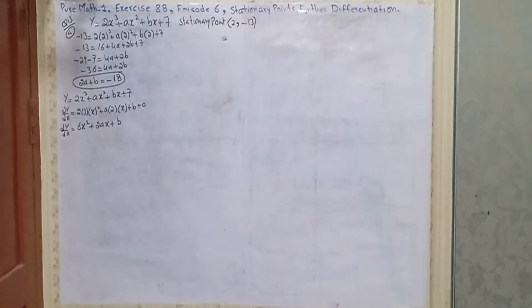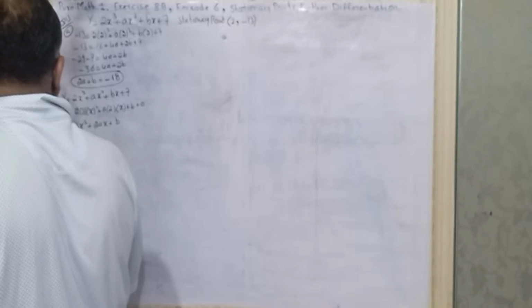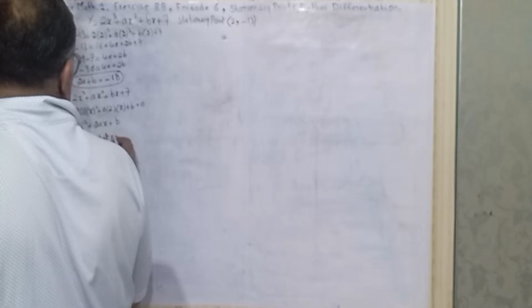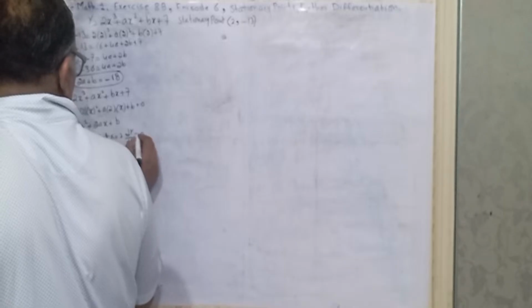You know that at the stationary point, dy/dx equals 0. The stationary point is at x equals 2, so at x equals 2, dy/dx should be 0.